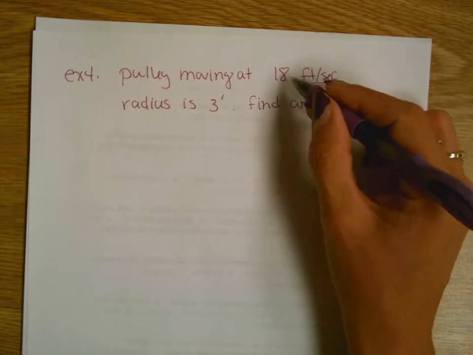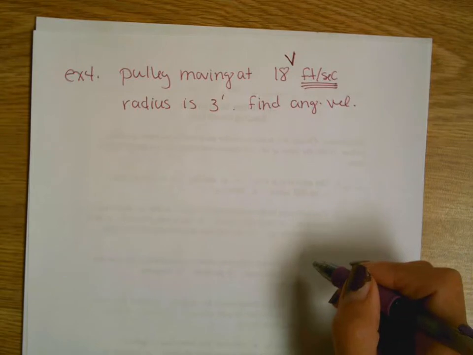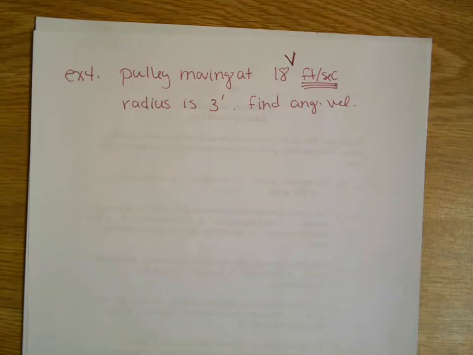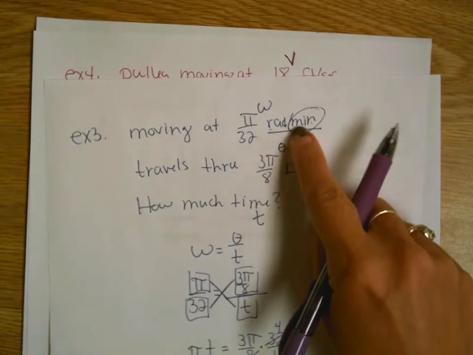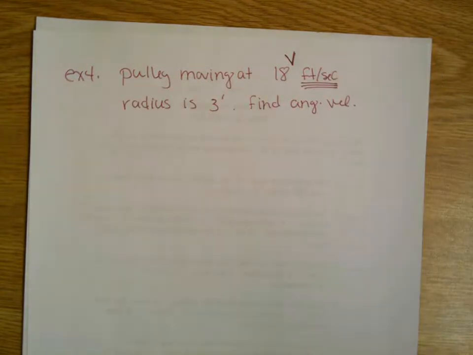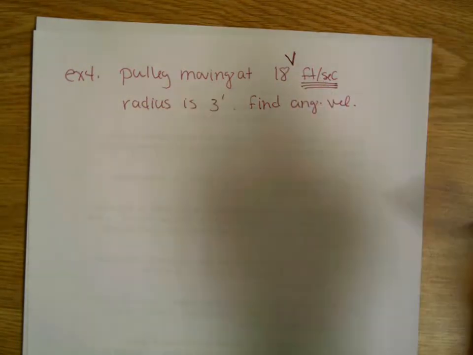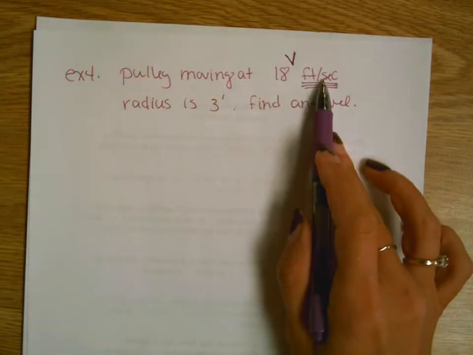The other one, the linear velocity, it's big V. This is big V velocity, not angular velocity. See the difference? Last one was radians per minute, that's W. Any kind of distance over time, like miles per hour, feet per second, meters per minute, those are all big V's, linear velocities, even though things are going in a circle.